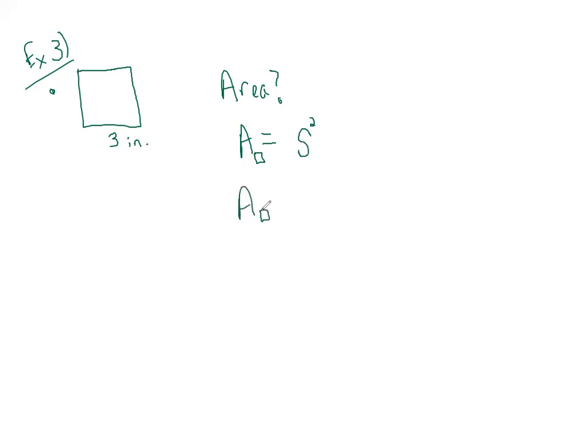The area of our square is going to equal 3 squared, right? And hopefully we know that 3 times 3 is equal to 9. And then what is my label? Yeah, it's going to be square inches. 9 square inches, or if we want to abbreviate, 9 inches squared.